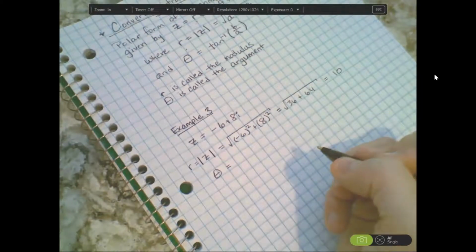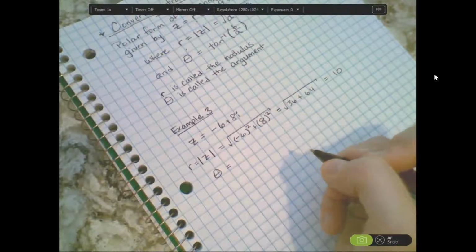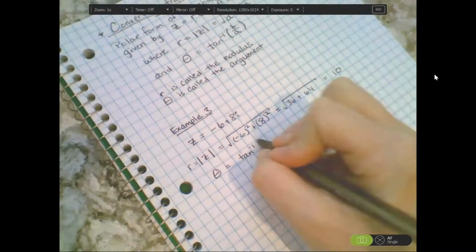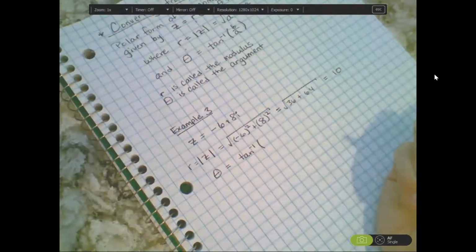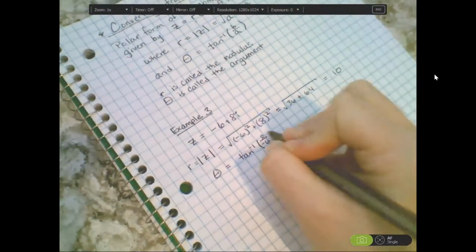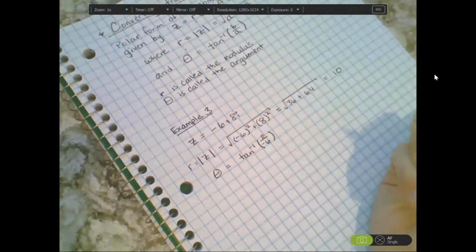This is one of the ones where we are going to have to think a little bit, I believe. I'll have to go back and look at this again as I'm working through it. But if we do our inverse tangent of 8 over -6, let me see here.